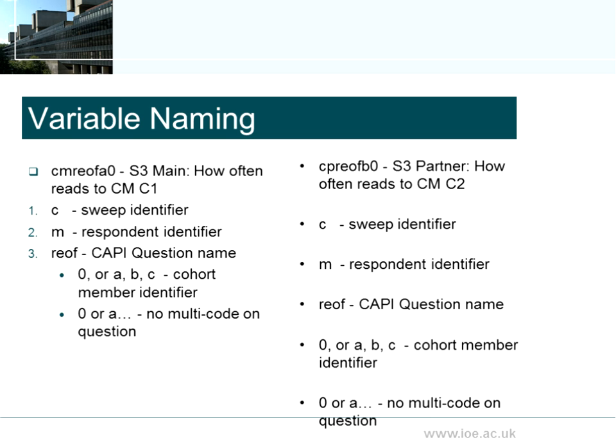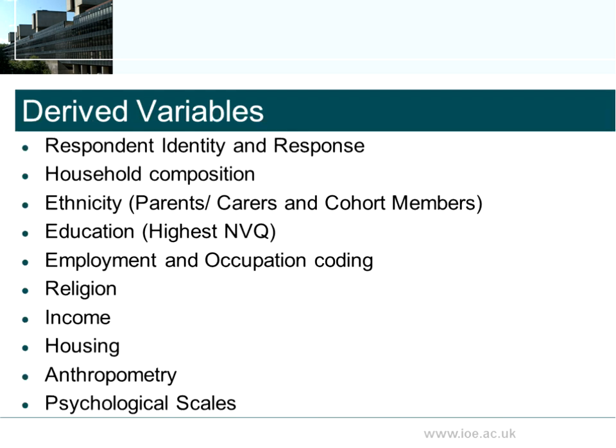And finally, you would have a number which could take the values of 0, A, B, C, D, etc. And these are for multi-code questions, because some questions can take more than one answer. And so the first answer will be coded as A, second answer as B, third answer as C, and so on.